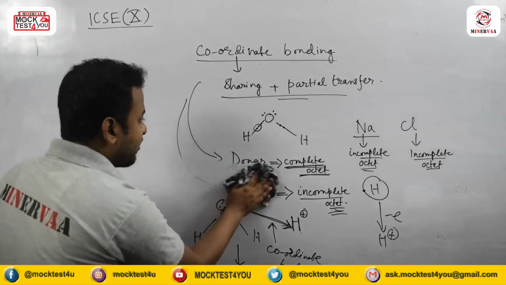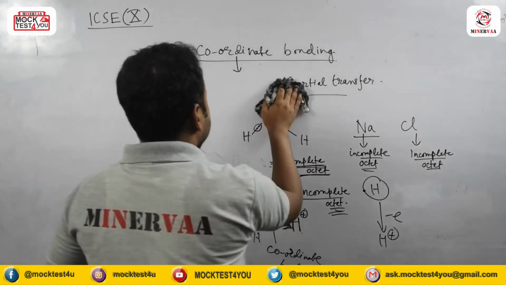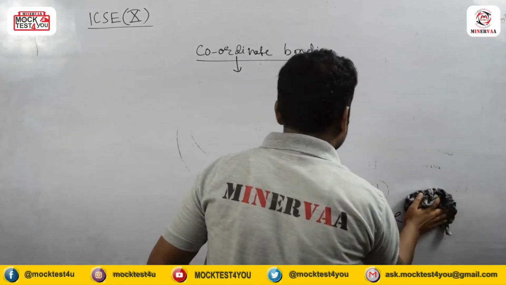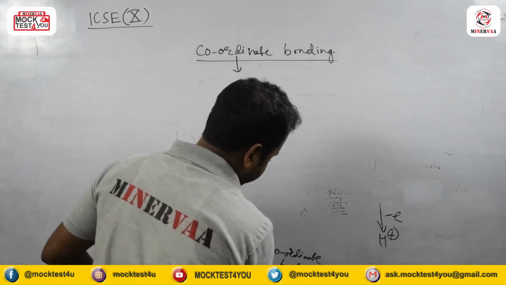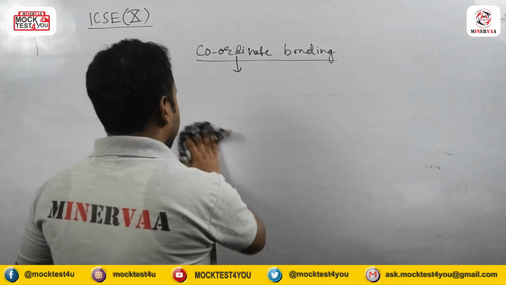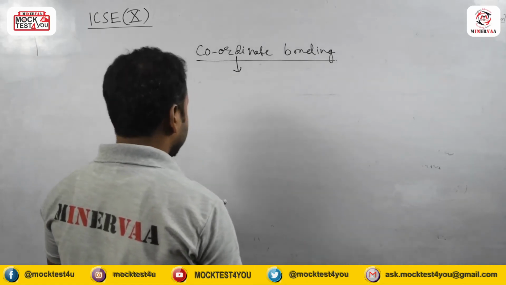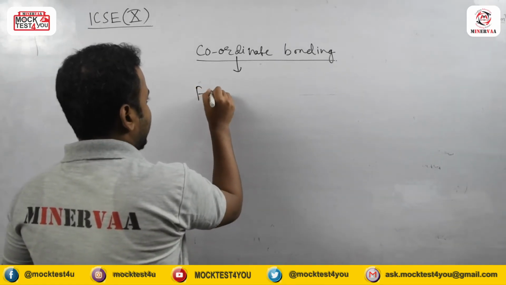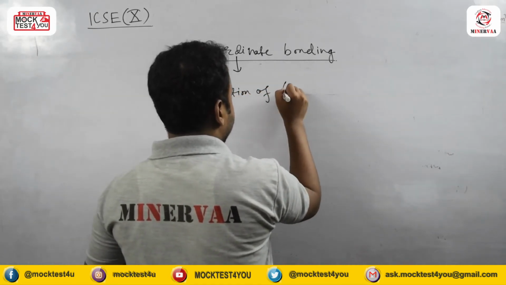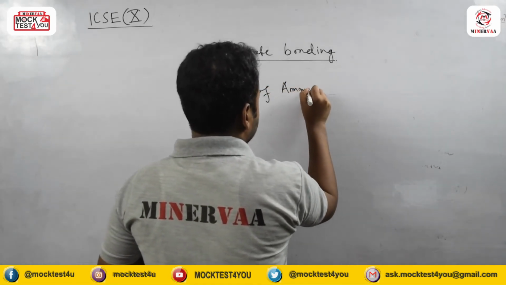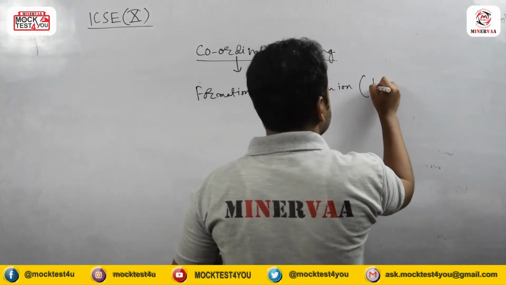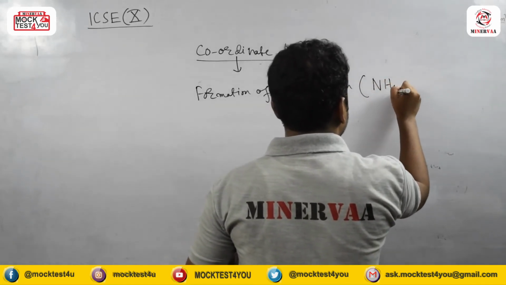Another type of ion we'll see where coordinate bonding is taking place is the formation of the ammonium ion, which is NH4 plus.